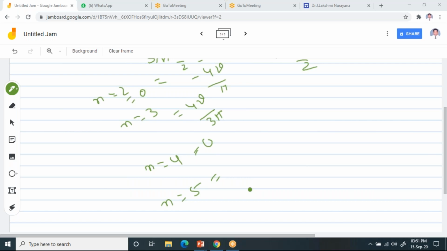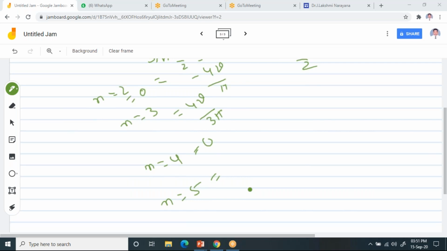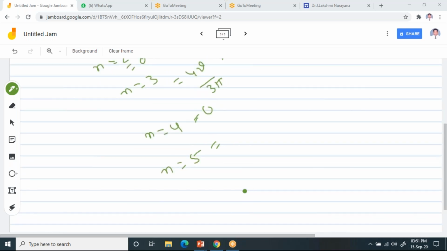Sri Lakshmi, please check. Please check, Sri Lakshmi. For n equal to 5, it is not 0. Please check it carefully. When n equal to 5, what is its value?